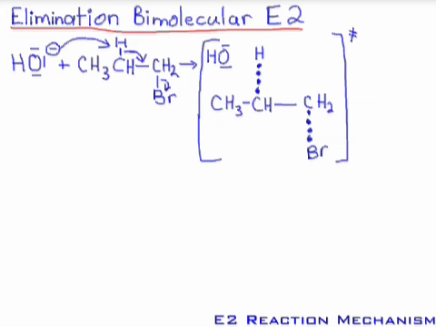And I'm going to use red for bond forming. Now the hydroxide was originally negative, so there is a delta minus here. And the hydroxide is losing its negative charge, and the negative charge is transferring to the bromine, so it gets a delta minus.